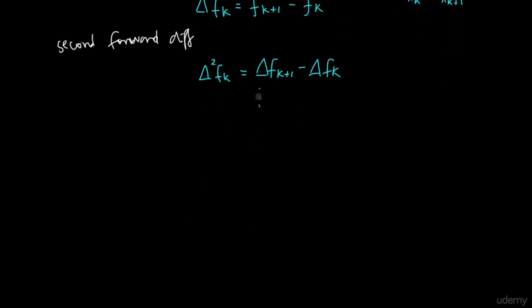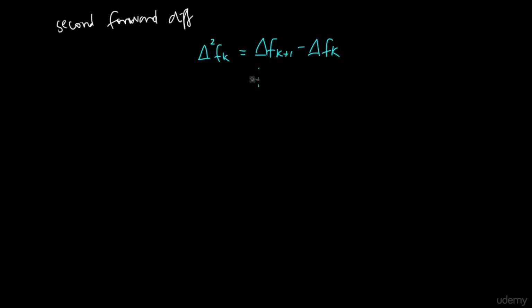Then we can apply our knowledge of divided differences that we have from before, and we can actually try to define those divided differences in terms of these forward differences. So the first divided difference, f with square brackets x0 and x1, if you remember the definition, is essentially f1 minus f0 divided by x1 minus x0.